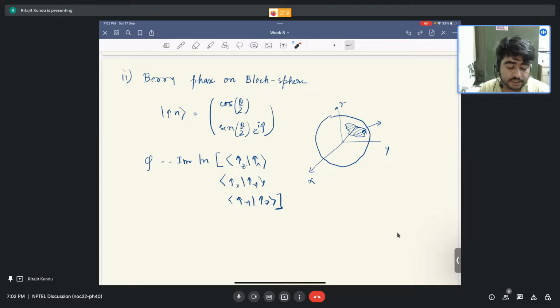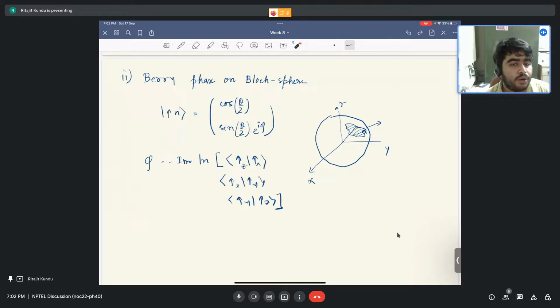Also, if you plot all of these states, you will see that they are just arrows. These are unit arrows, and the n cap will tell you in which direction the arrow is pointing. Some n cap direction is pointing here, some n cap direction will be pointing here. So it will point to different points of a sphere, which is called a Bloch sphere. All of the states live on the Bloch sphere for spin half particles.